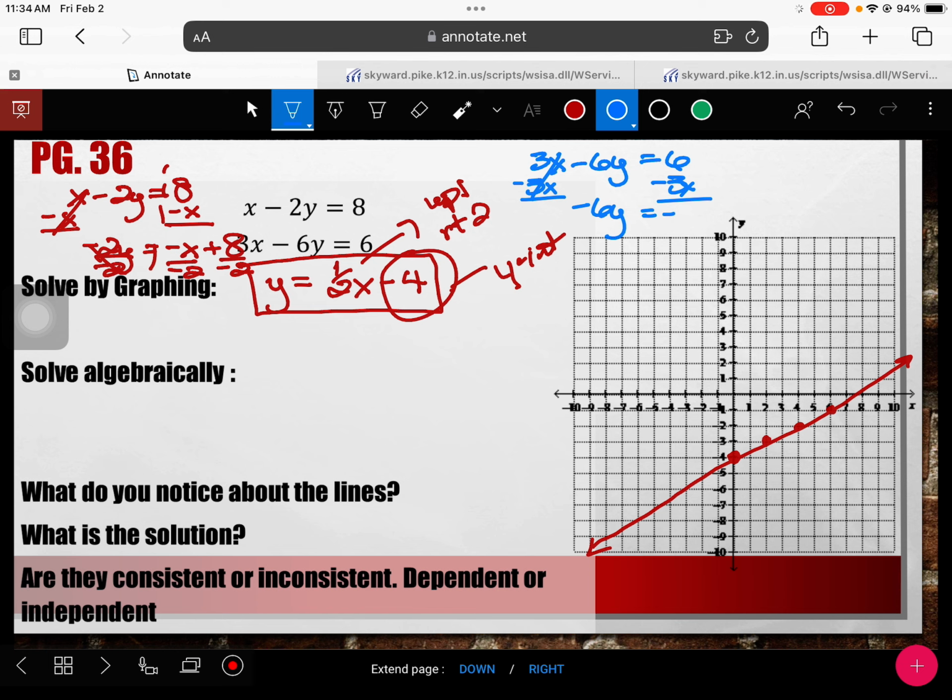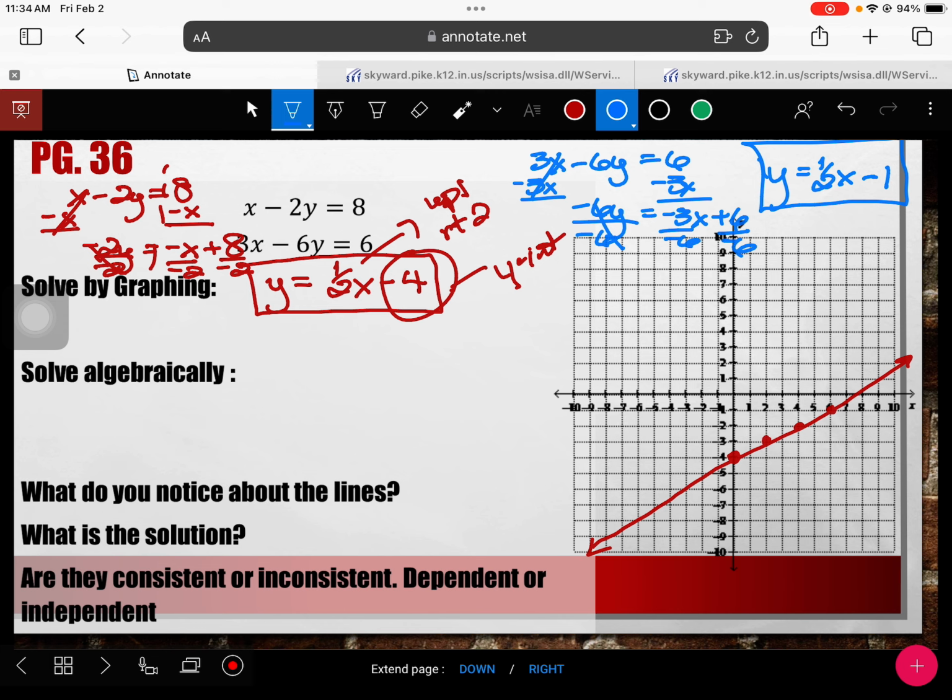Negative 6y equals negative 3x plus 6. Divide by negative 6. Y equals negative divided by negative is positive 1/2 x. And 6 divided by negative 6 is minus 1.